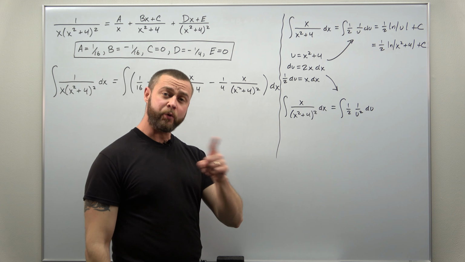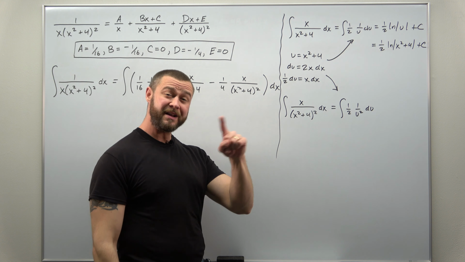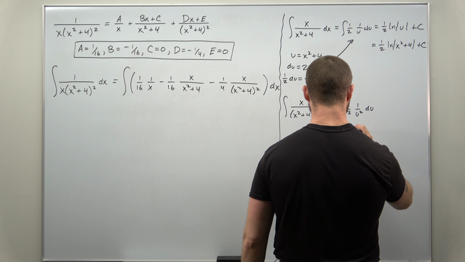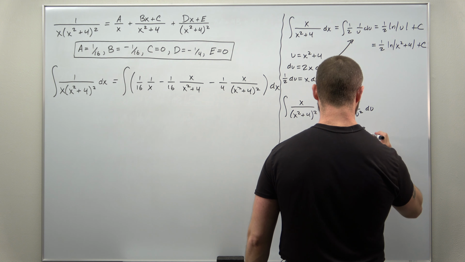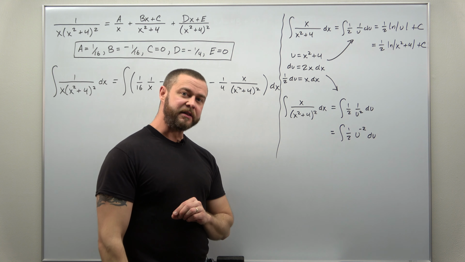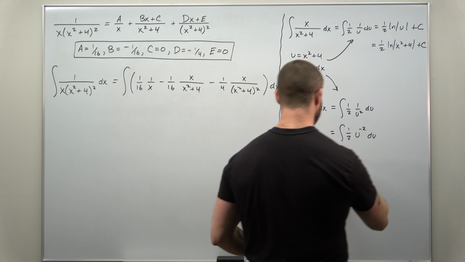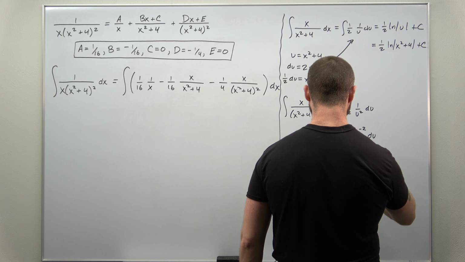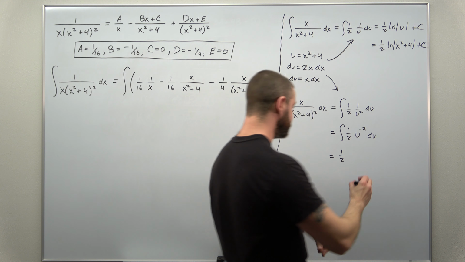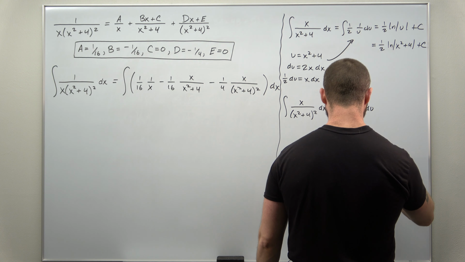Let me go ahead and rewrite the 1 over u squared as u to the negative second power. And if we go ahead and integrate that with the power rule, looks like the 1/2 stays as a constant multiple. Add 1 to the power, we get u to the negative 1. And then we divide by the new power.